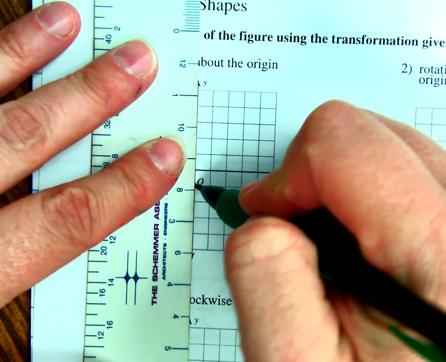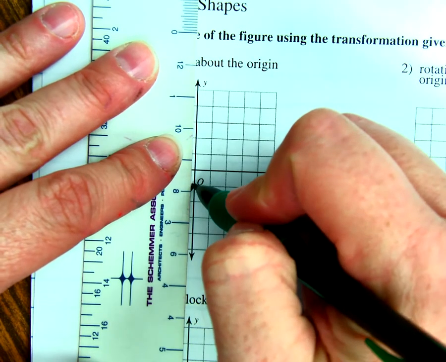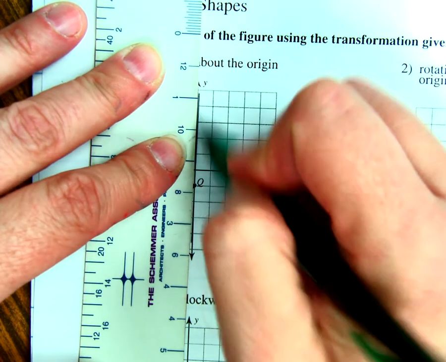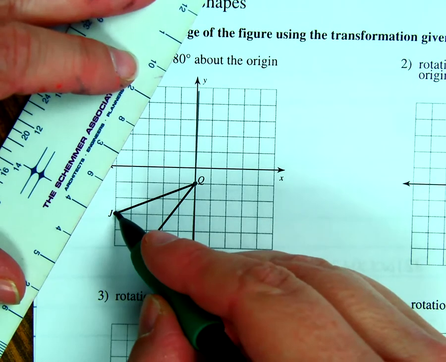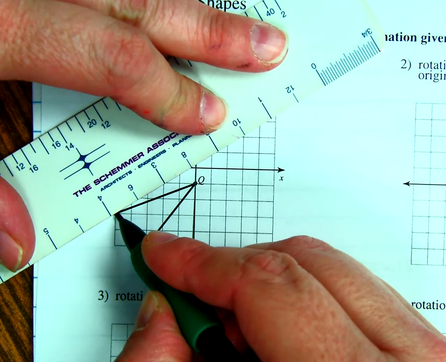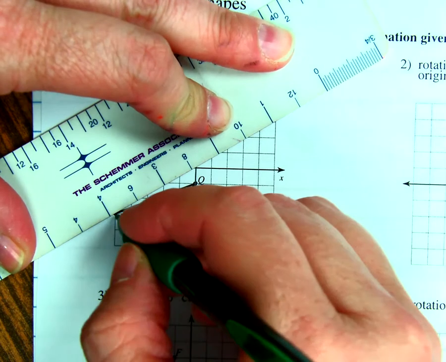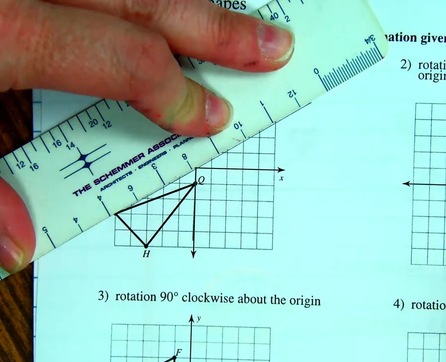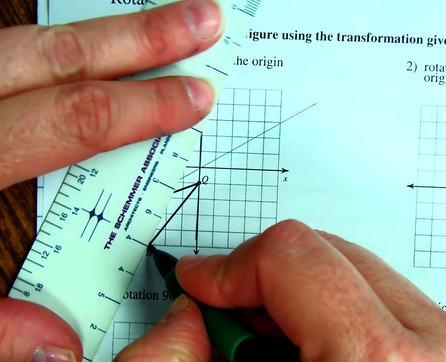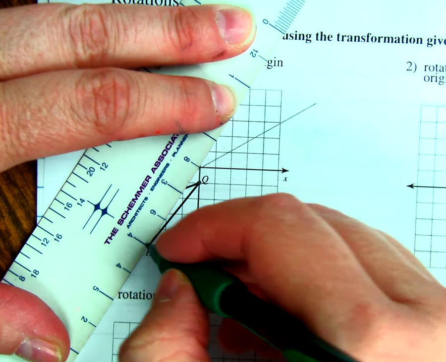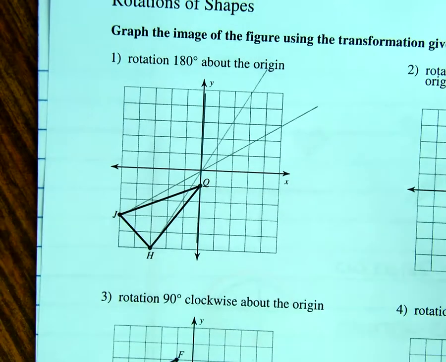It's fine. Okay, so I'm going to draw from my point through the origin, which happens to be right on that axis, from point J through the origin. I'm going to draw that line really light. And H through the origin, I'm going to draw that line fairly light.